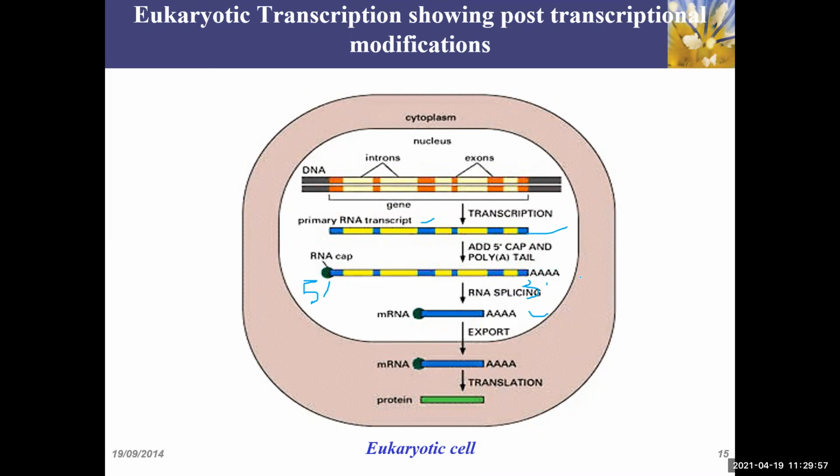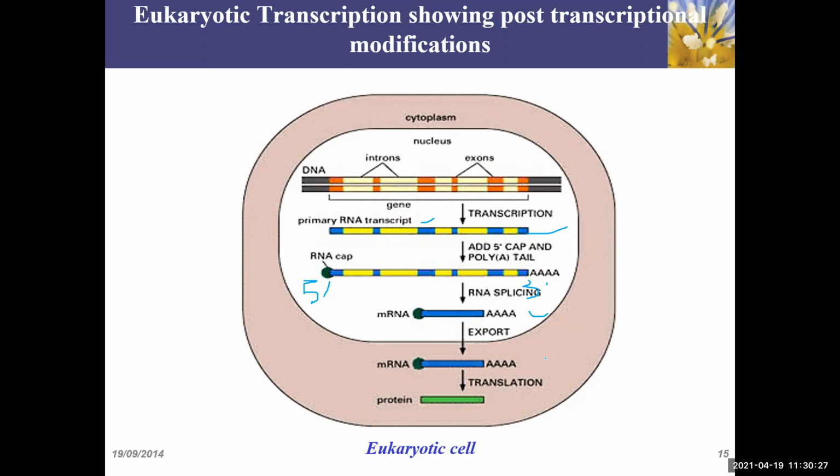As you add the tail to the pre-mRNA, and as you cap it at the 5' end, this is very important, because this will protect the two ends of the mRNA. So the mRNA is now safe. It cannot be degraded now. And number two, it will also facilitate the transport of the mRNA to the cytoplasm.